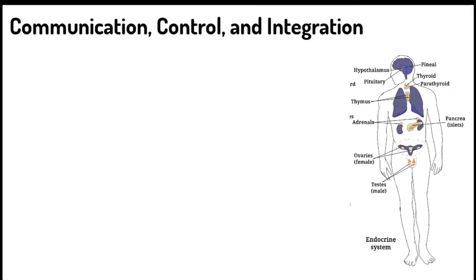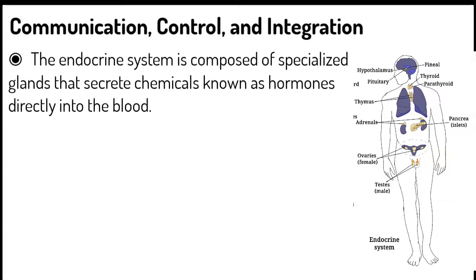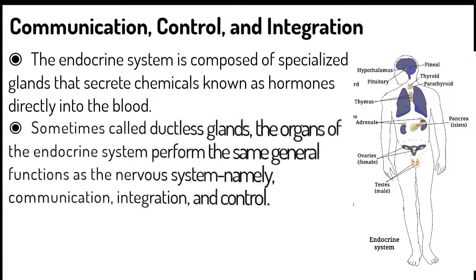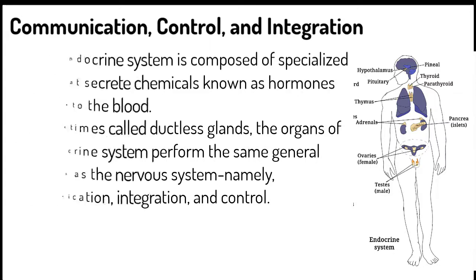Our next system is the endocrine system. The endocrine system is composed of specialized glands that secrete chemicals known as hormones directly into the blood. Sometimes also called ductless glands, the organs of the endocrine system perform the same general function as the nervous system, namely communication, integration, and control.